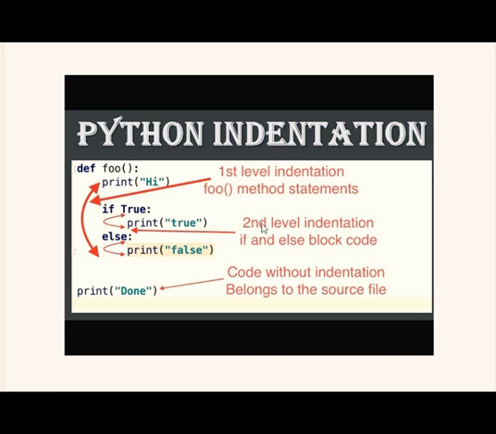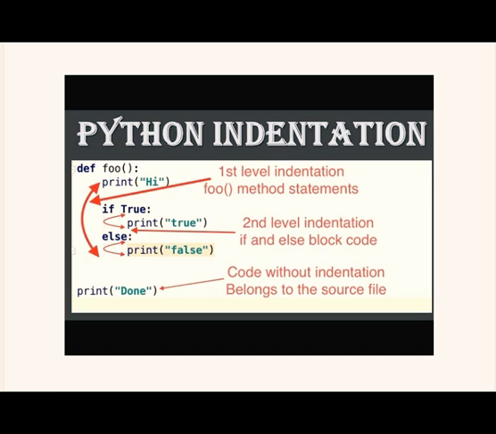And this second level is achieved by adding another 4 spaces or 1 tab, making it a total of 8 spaces from the original starting point, here the def.